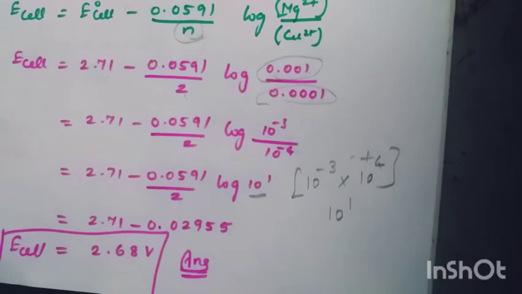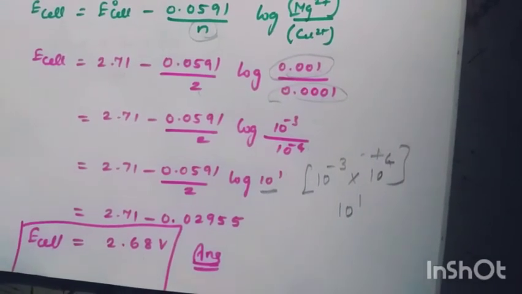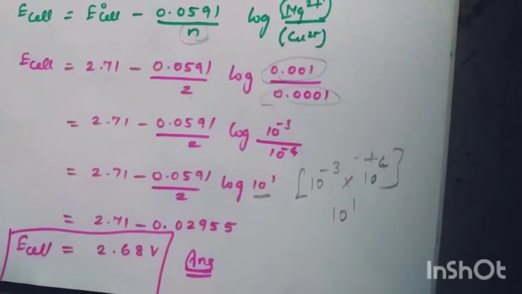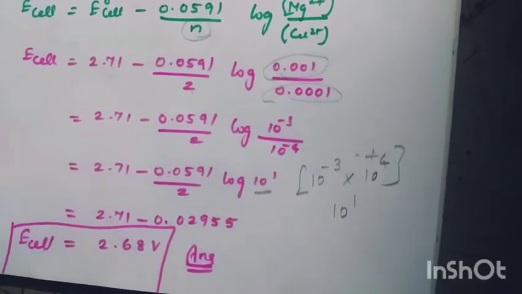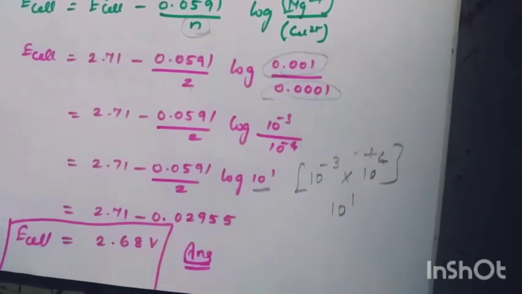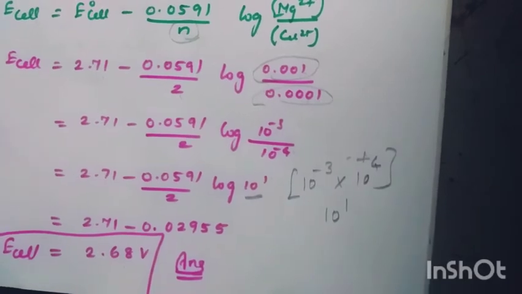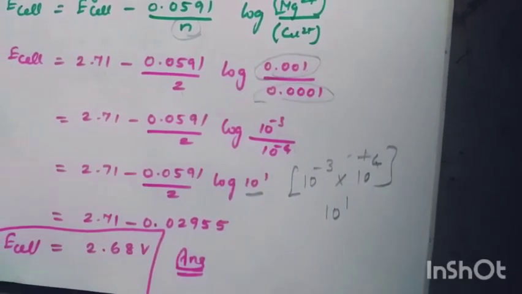So what happens? First we have to write the two half cells and then add them, or if you are able to write it directly, you can write the direct overall reaction. Then first we have to find the E naught of the cell. What is the formula to find the E naught of the cell? E naught of the cell is equal to E naught of the cathode minus E naught of the anode.